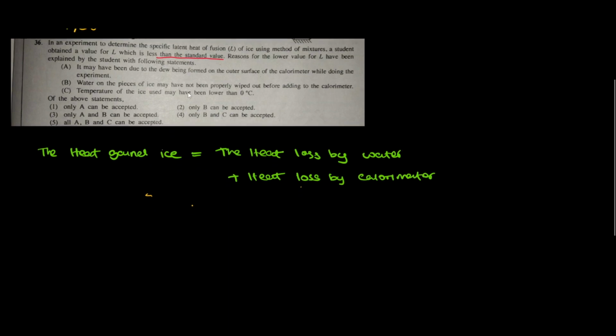You know how to find the mass of water, mass of ice and all in the experimental procedure, but to make things easier, I'll use the mass of ice as Mi.